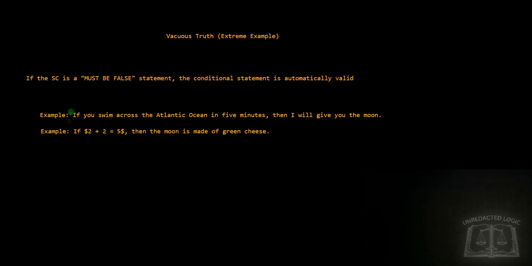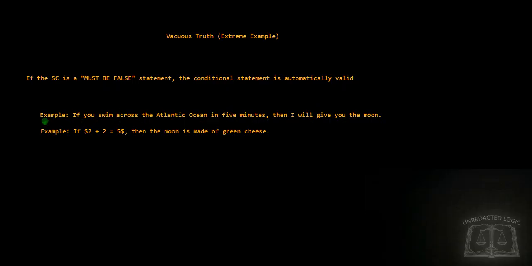Here's an example. If you swim across the Atlantic Ocean in 5 minutes, then I will give you the moon. Surprisingly, in logic, this is considered a valid conditional because the sufficient condition is a must be false statement. You cannot swim across the Atlantic in 5 minutes. And so this rule is actually never triggered. So I'll never be in a situation where I actually need to deliver you the moon, which of course is also impossible.